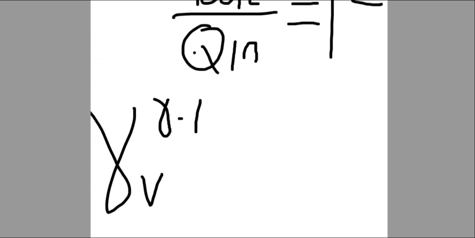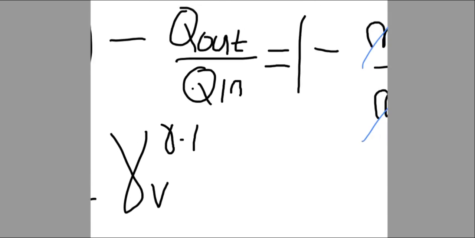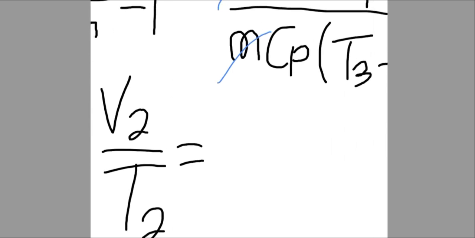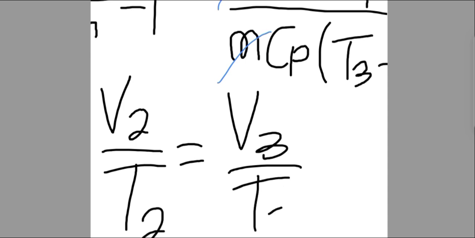So let's use that formula. V2 over T2 is equal to V3 over T3. So that is the formula that we are going to be using here.